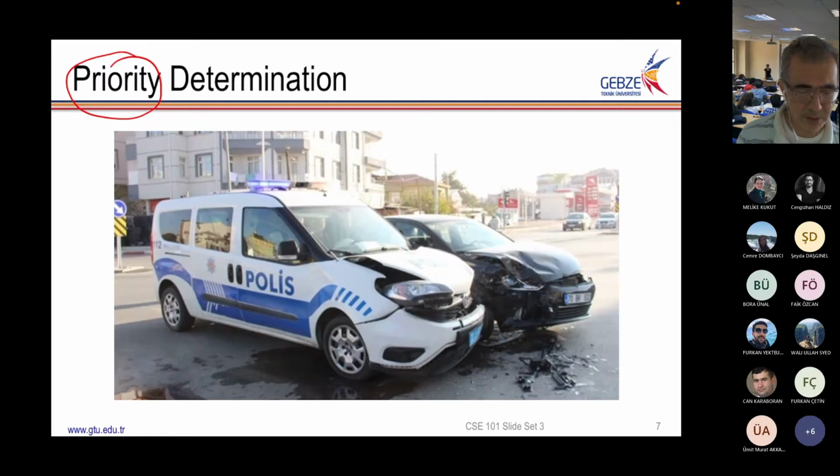This priority issue is well understood if you attach different priorities to different tasks. Each task has a user. If that user has a higher priority, then his task will be executed first. So in this picture, obviously, the police car will be repaired earlier than the other one because they have other business to go to. So it will be fixed earlier.